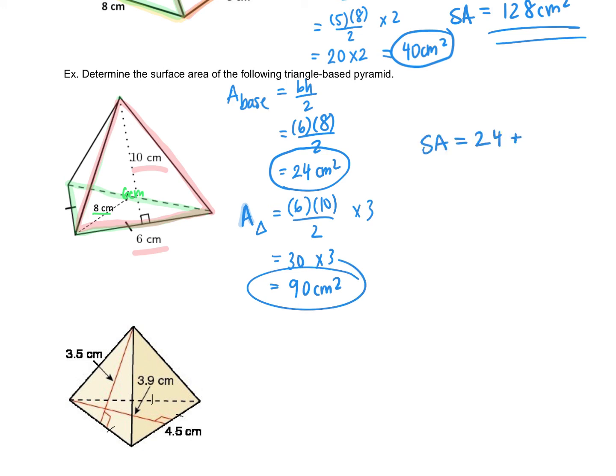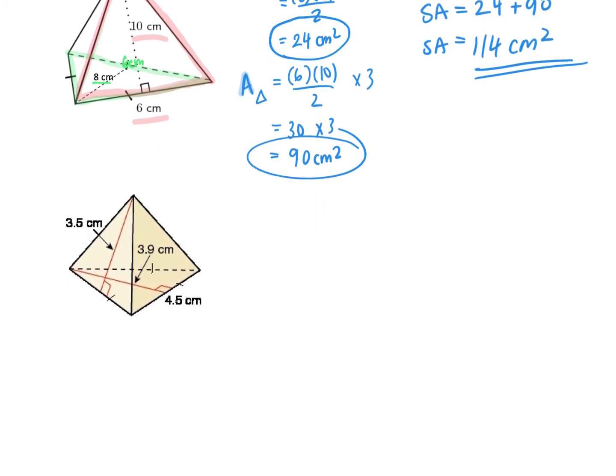Here's our base. Here are the 3 lateral triangles. And when we add that up, that is 114 centimeters squared. So here we just use the area of a triangle formula 2 times.